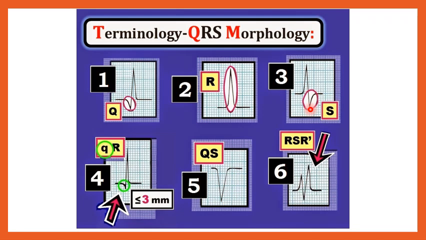We said the Q wave is the first negative deflection of the QRS, whereas the S wave is a negative deflection that follows the R. So here you can see we have an R and an S. In this complex here, we see just an R. And let's go back to number 1, and we see a Q and an R, but no S, just a Q and an R.